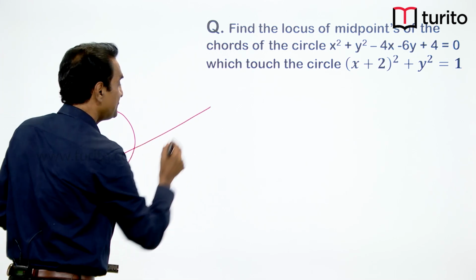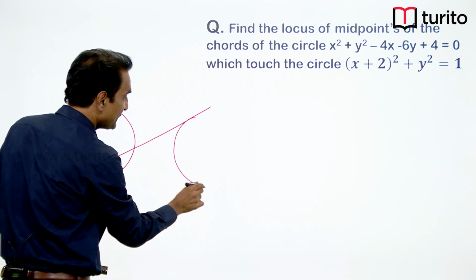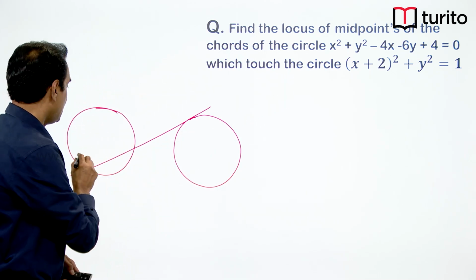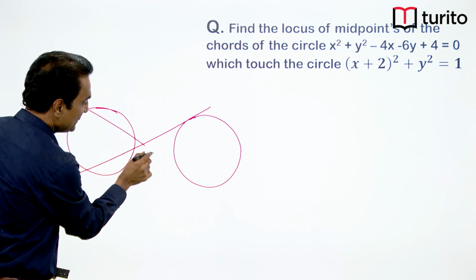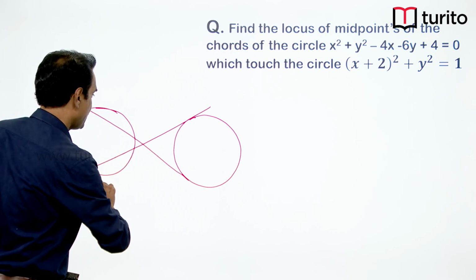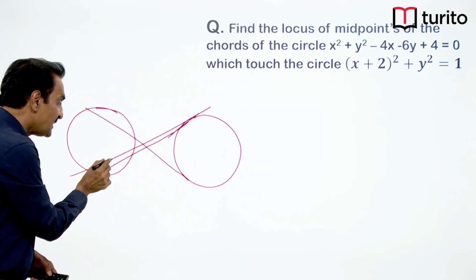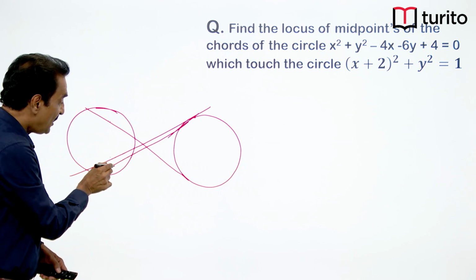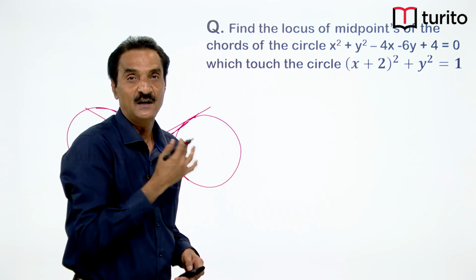If a chord of this circle touches the second circle, then there are so many chords which can be drawn touching this second circle like this. Now you want the locus of the midpoints of all these chords. If you join all these midpoints, you will get a curve. We want the equation of that curve.